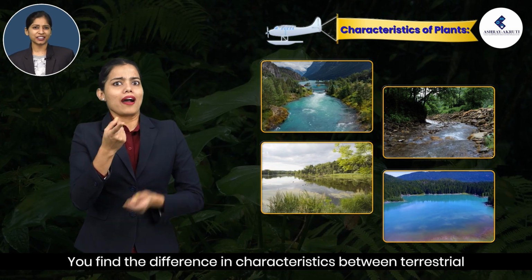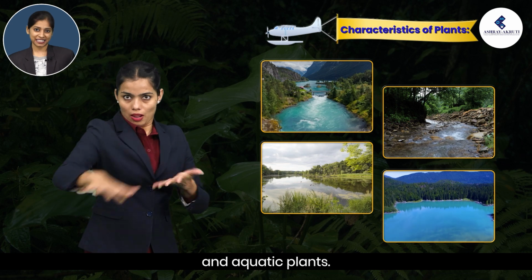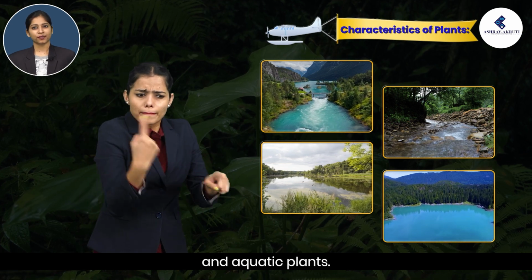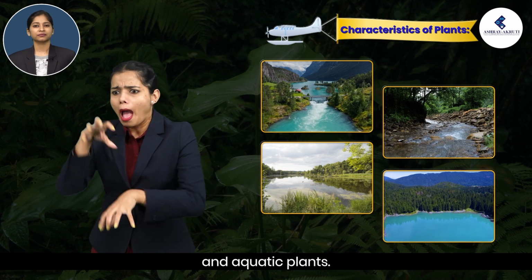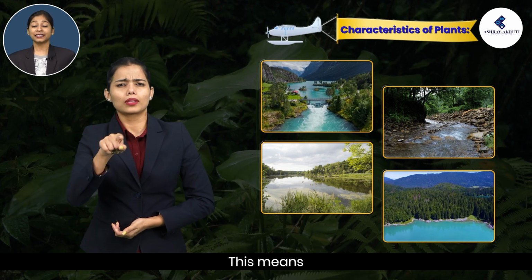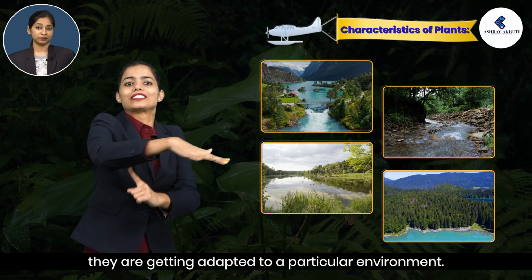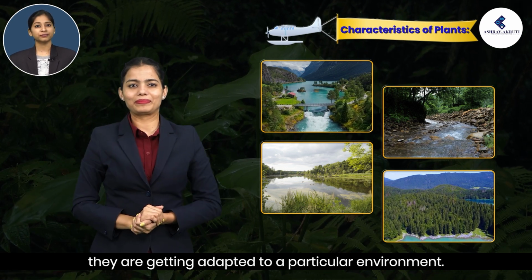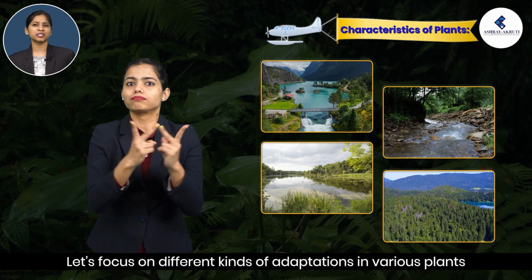You find the difference in characteristics between terrestrial and aquatic plants. This means they are getting adapted to a particular environment. Let's focus on different kinds of adaptations in various plants.